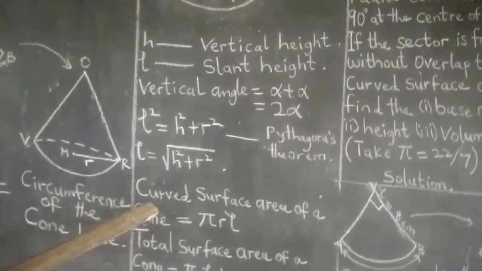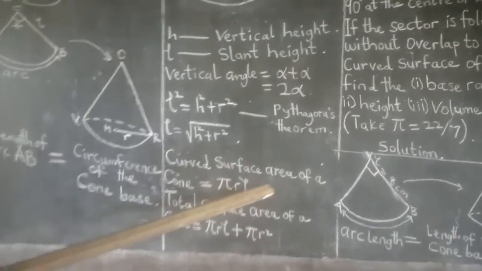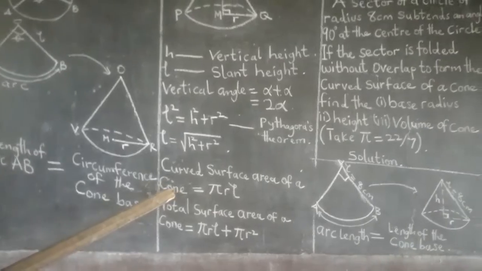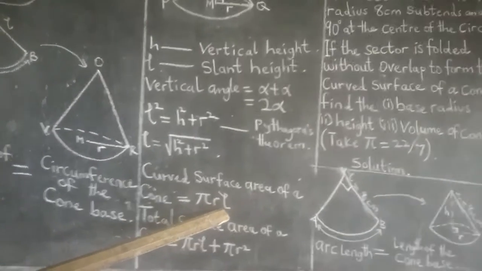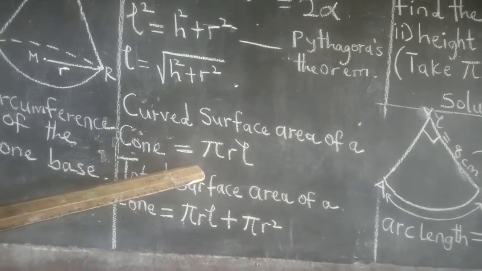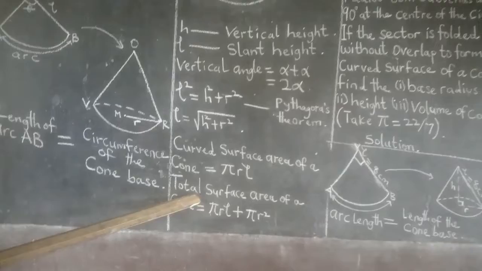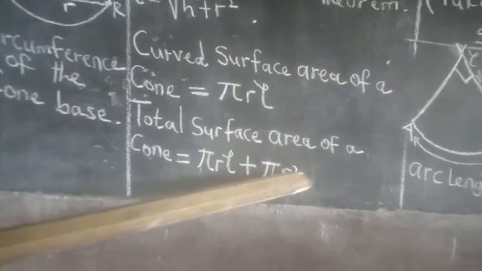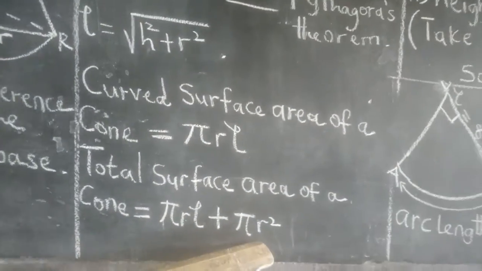Also, let's look at the formulas under properties of a cone. The curved surface area of a cone is given by pi R L. Now, the total surface area of a cone is equal to pi R L plus pi R squared.